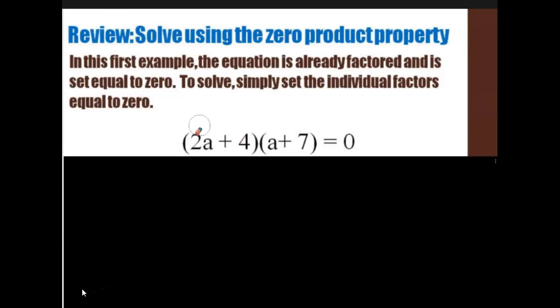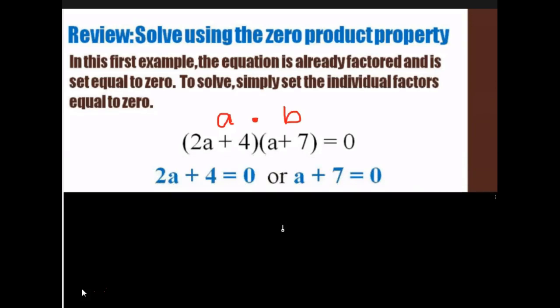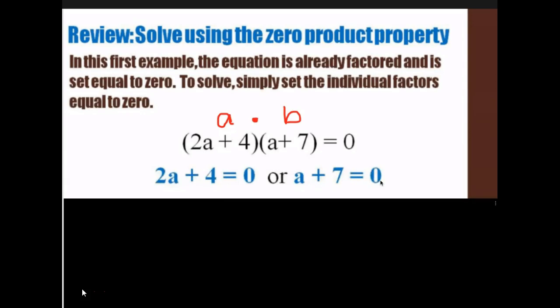So this is like where we came from. This is where we're going. So what we do is say, okay, this is kind of like A. This is kind of like B. So I'm going to set A and B both equal to 0.